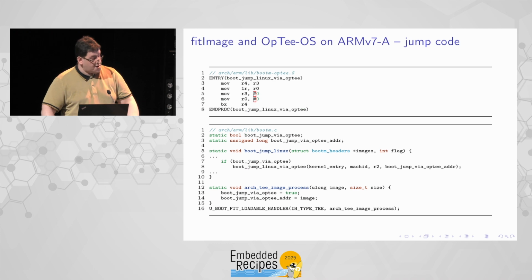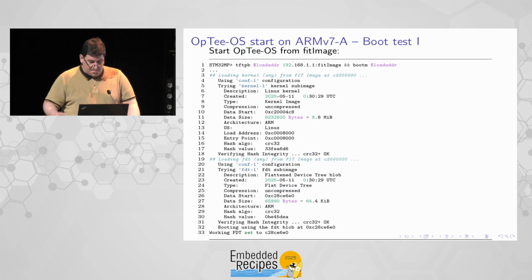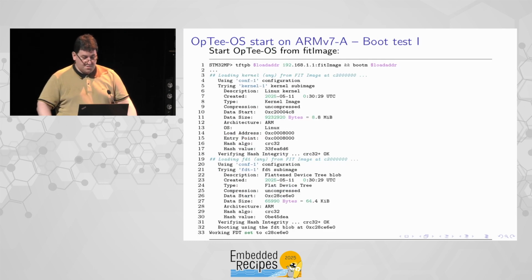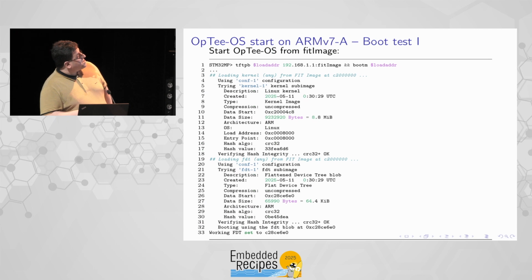So I used it to make a note that the OP-TEE was loaded, and then when the system was just about to jump to the Linux kernel, I invoked this assembler code, jump to the OP-TEE. The OP-TEE runs, it looks like this. FIT image gets loaded, U-Boot prints all kinds of information about the FIT image, kernel, device tree.